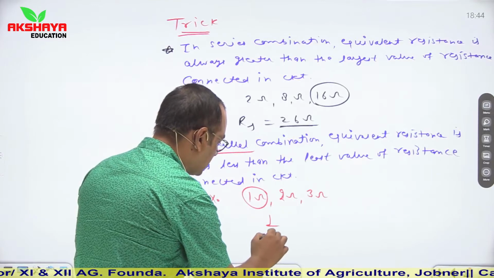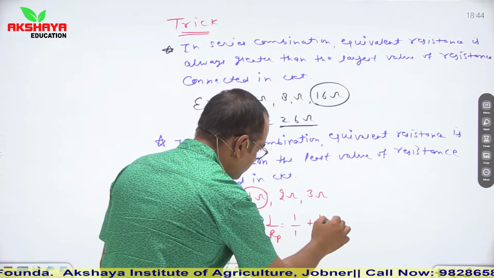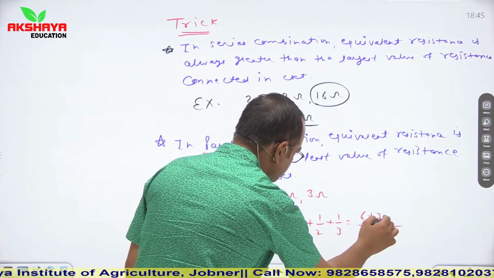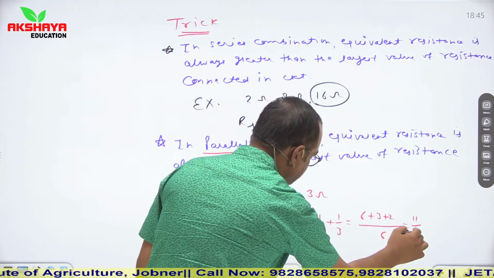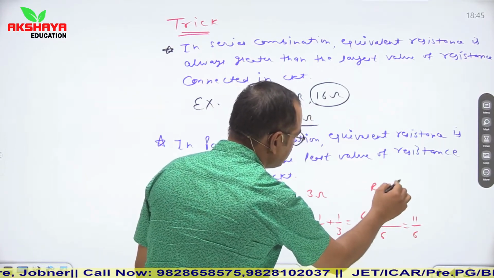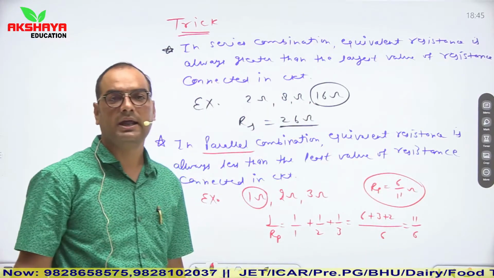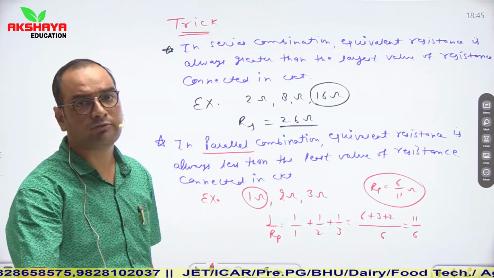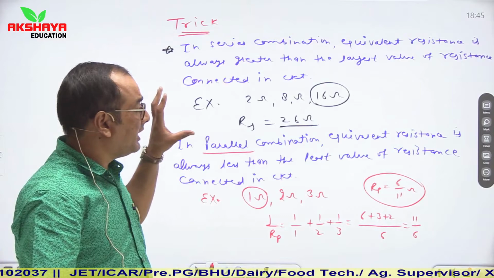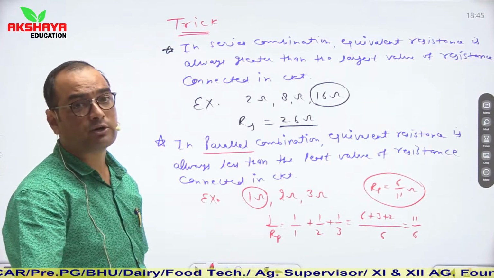Here 1 upon Rp is equal to 1 upon 1 plus 1 upon 2 plus 1 upon 3. If you take 6 as LCM, then 6 plus 3 plus 2 is 11 by 6, and Rp is 6 by 11, which is less than 1. So it is clearly understood from our result that both tricks exactly fit every series and parallel combination concept.